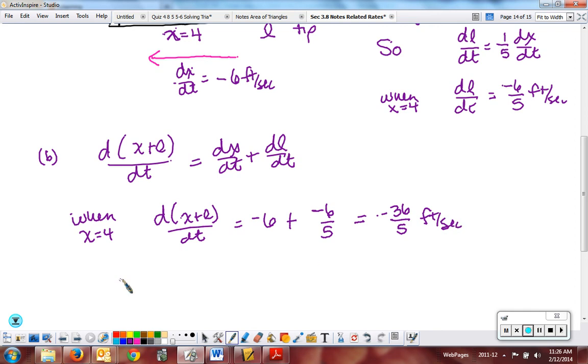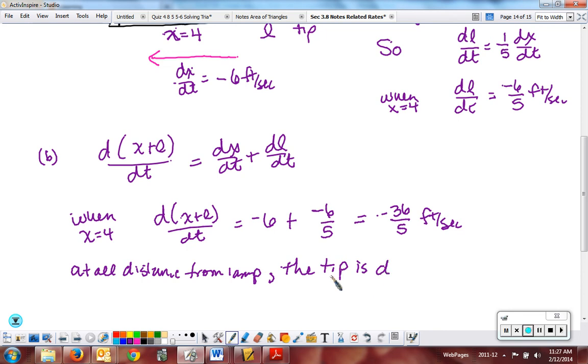What are my units? Feet per second, and let's go ahead and write the sentence while I'm here. I could say when x equals 4, but we actually could say everywhere, at all distances from the lamp, because x is the distance from the lamp. The tip is doing what?